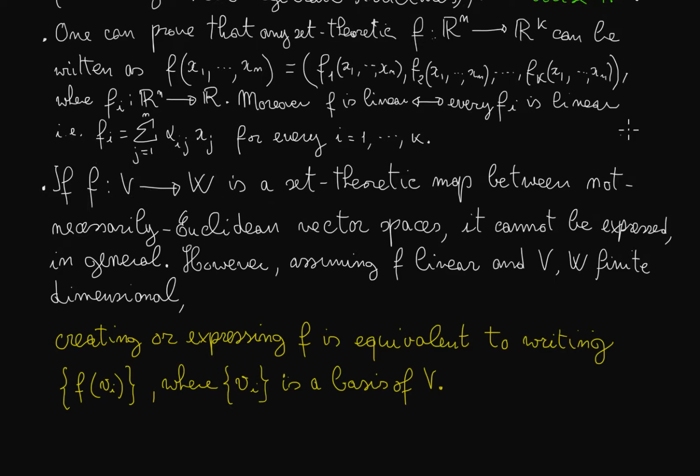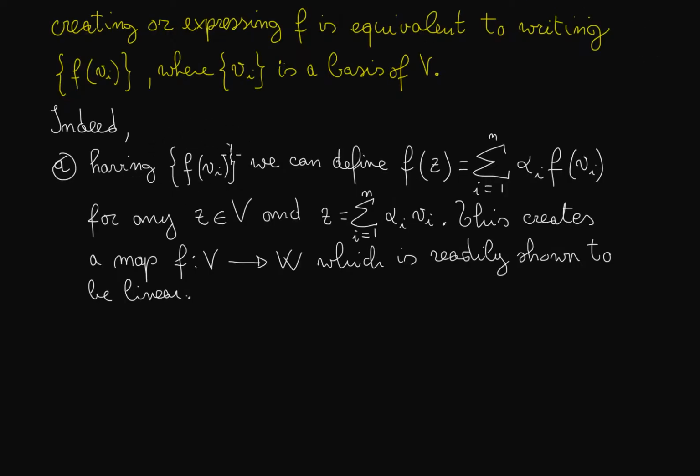Let's see how to do this. Let's assume to have the images of the elements of a basis of V. So I have f of vi, and I have no assumption whatsoever on what these f of vi's are. This is a very important remark.